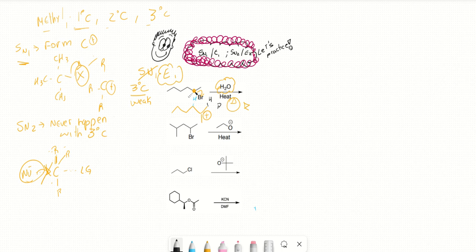The base can attack either one and extract the proton, and the proton always leaves behind the electrons. In SN1 and E1, we can attack from every side, the back or the front.